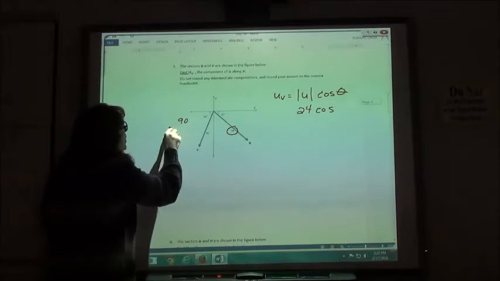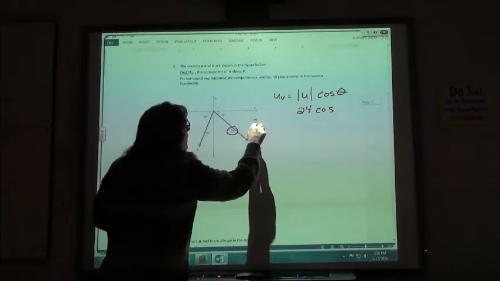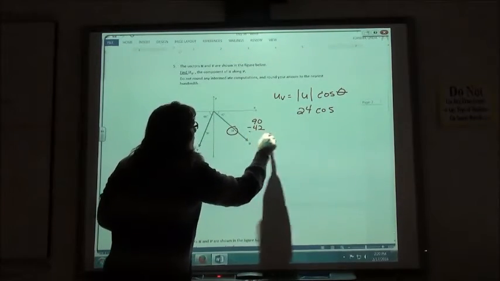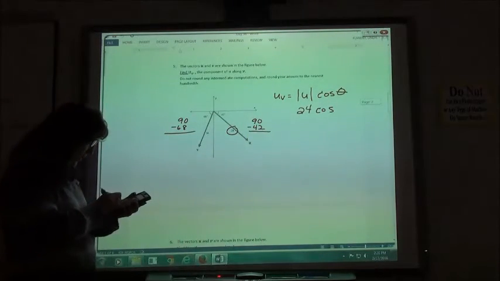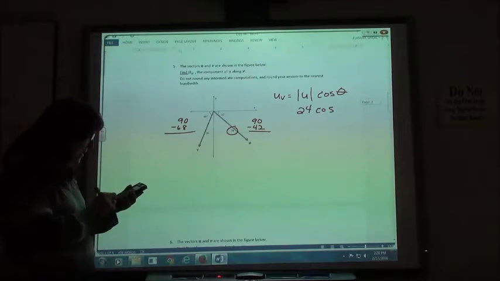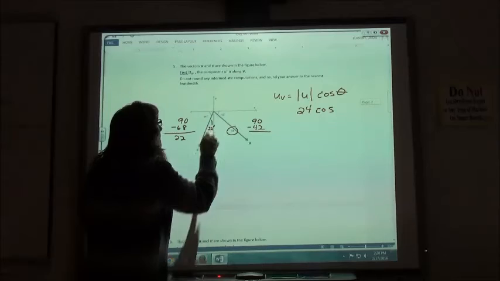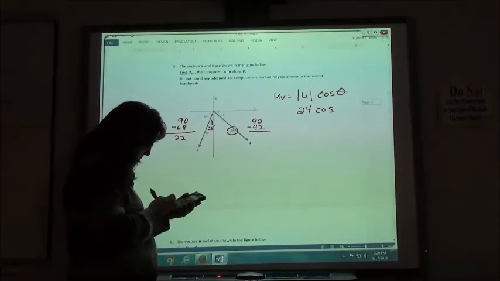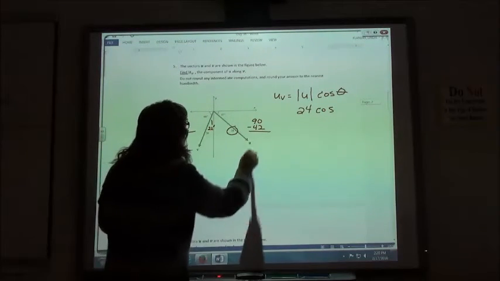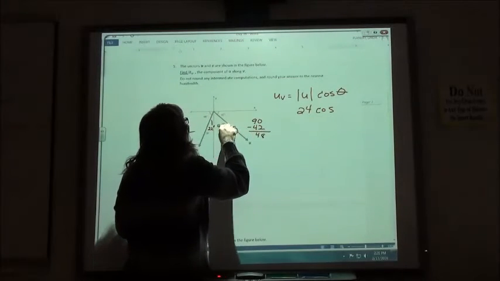Here I'm going to do 90 minus 68. Over here I'll do 90 minus 42. 90 minus 68 is going to be 22 for this little piece in here. And 90 minus 42 is going to be 48 for that piece.